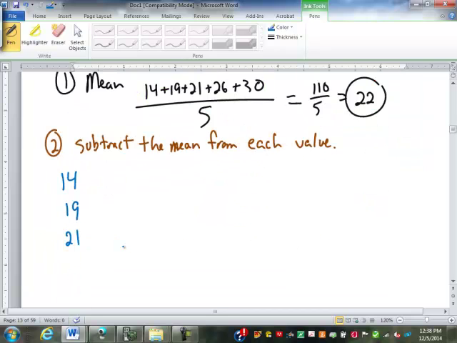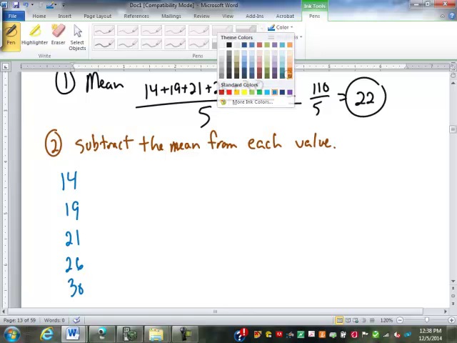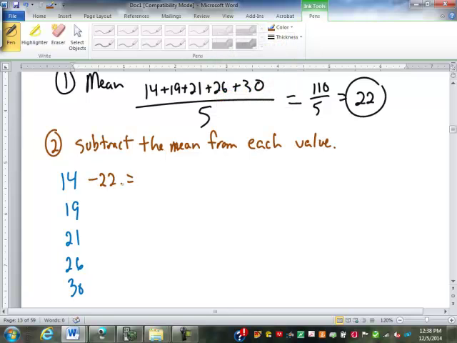And 30. And we're going to subtract 22 from each of those. So 14 minus 22 is a negative 8. 19 minus 22 is a negative 3. 21 minus 22 is a negative 1. 26 minus 22 is 4. And 30 minus 22 is 8.